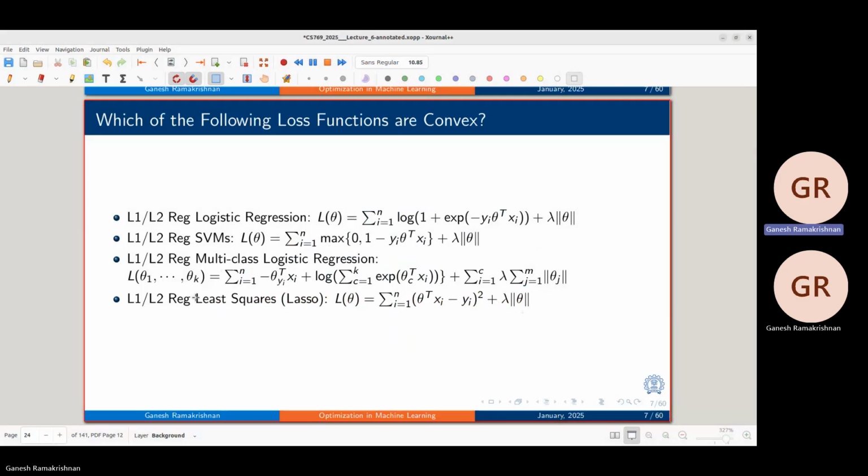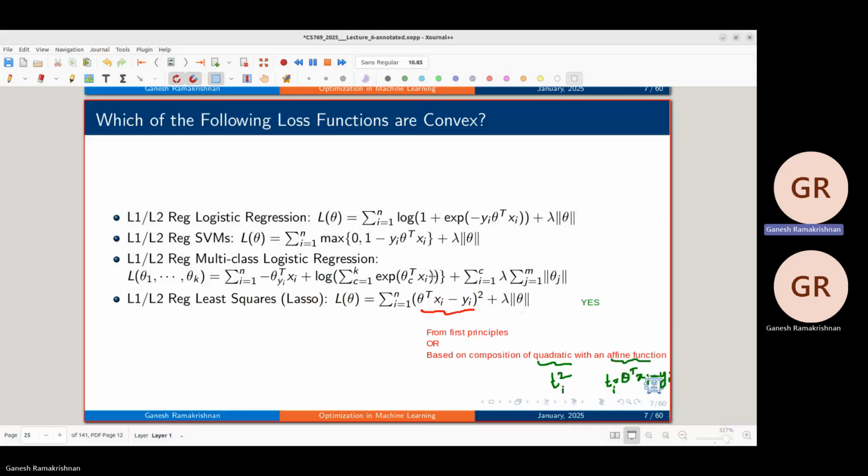What about least squares? That should be the easiest of the lot. What should happen to least squares? Is it convex? Right, it is convex. In fact, it's a composition of a quadratic with an affine function. So there's an affine inside, then a quadratic, and then again a summation.